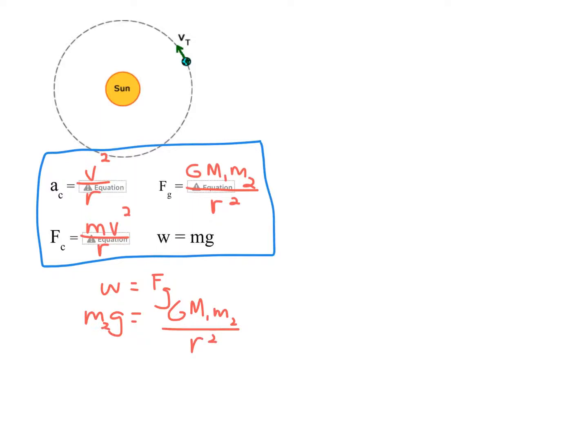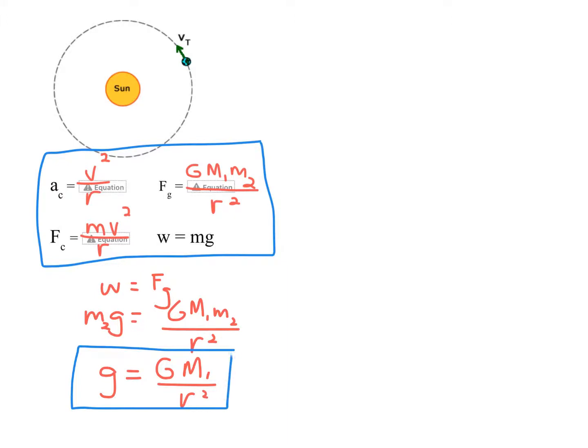Let me put that in there, m sub 2. That would cancel out on both sides, so you get g equals, that's little g, equals capital G m sub 1 over r squared. That equation right there is useful for finding the acceleration due to gravity on the surface of any given planet with mass m and radius r.